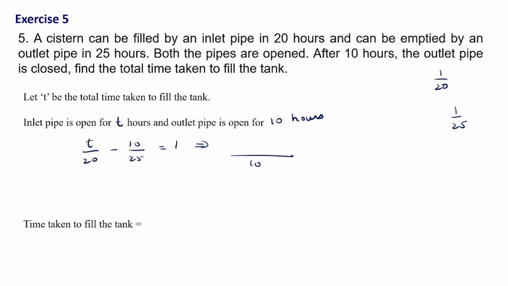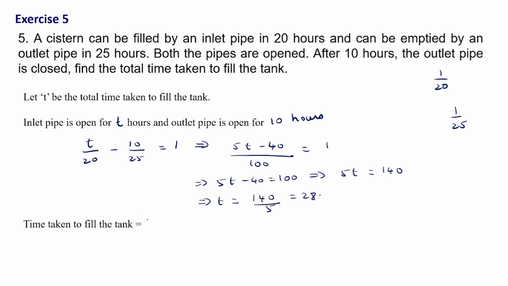So here the LCM is 100. So 5T minus 40 equals 100. From this we get 5T as 140, or T is equal to 140 by 5, which is 28. So time taken to fill the tank is 28 hours. So this is the total time taken to fill the tank.